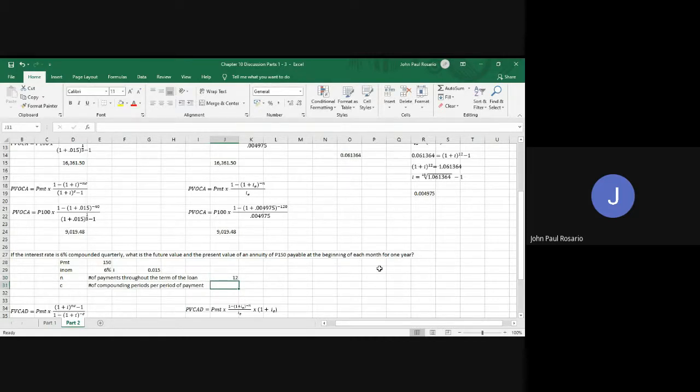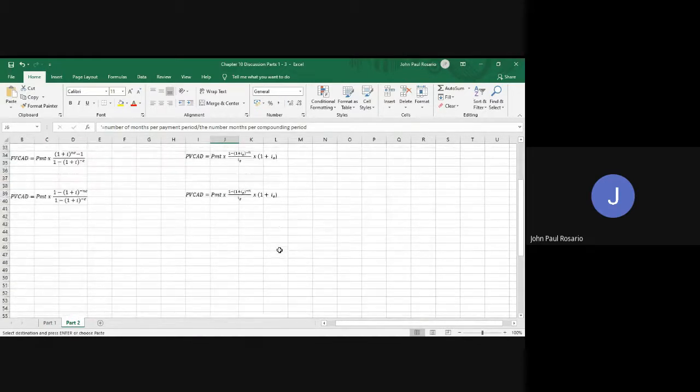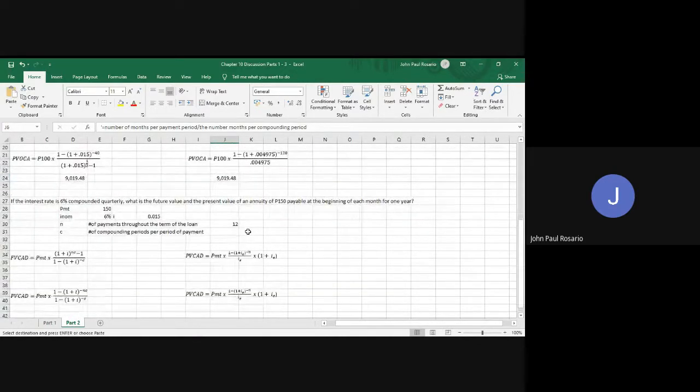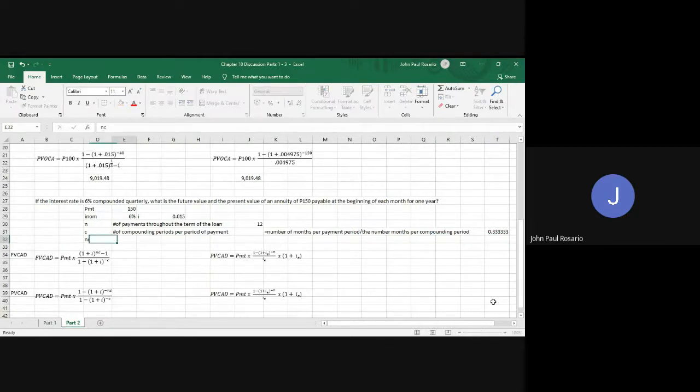While our C again is the number of months per payment period, which is 1, and then we divide that by our number of months per component period, which is 3. So 0.33. Now our NC is equal to 12 times 1 over 3. You have 4.